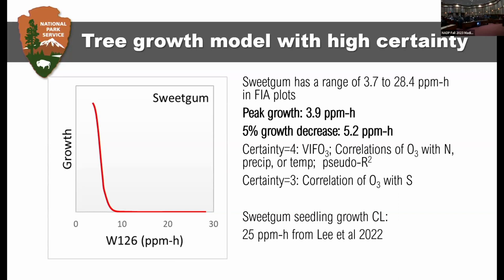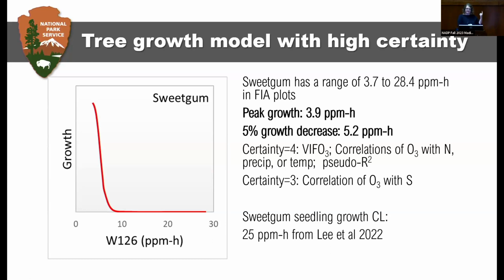Just following up on Mike's question, do you think that the response at lower levels for mature trees has to do with the cumulative exposure? Because obviously those open top experiments are limited in duration. Is that part of what's going on? Both the seedlings and the mature trees are the 3-month exposure, so I think the metric is comparable between the studies.